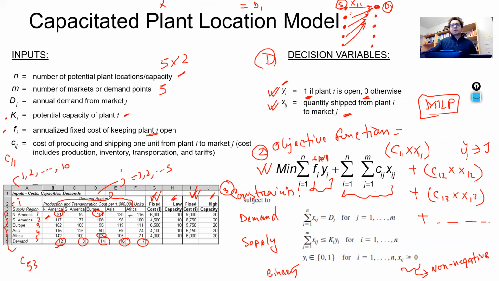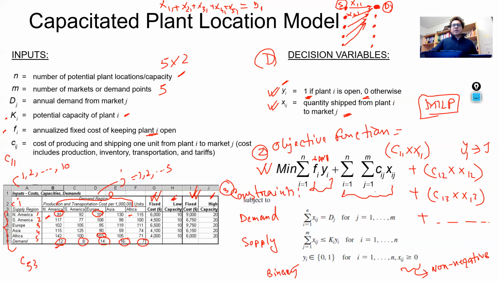From S2 to D1 it will be X21. So here we will say X11 plus X21 plus X31 plus X41 plus X51. So this is for one. This equation represents this one figure that I have drawn here.